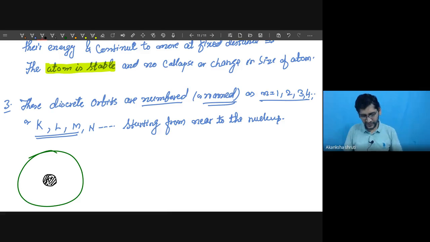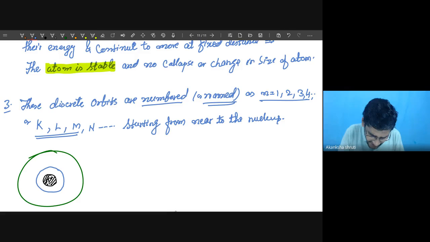Now, after this positive charge, after this nucleus, but inside the outer boundary of the atom, there are fixed paths. Let us consider this is the first path possible for an electron to revolve. So this first path is numbered as n equals 1, or it may be called the K shell.